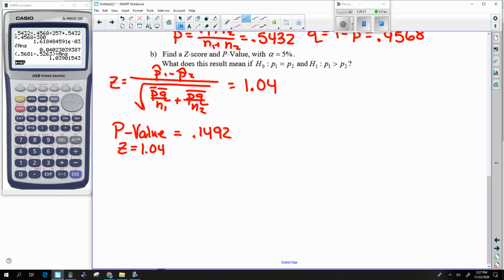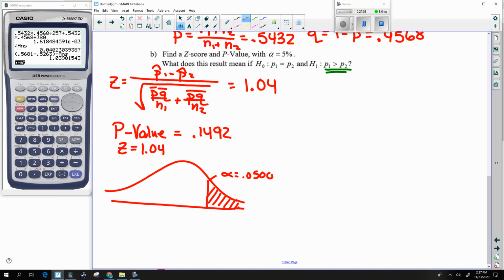All right, so looking at the problem, this is indicating that this is a right tail with an alpha of 5%. 0.1492 is pretty big.